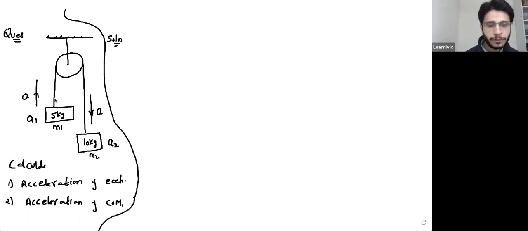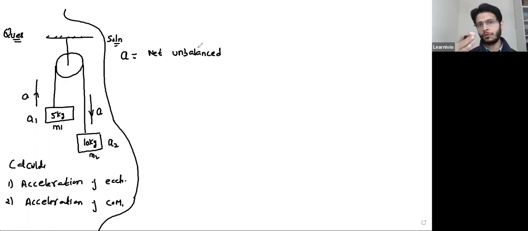For this type of question on pulley, the acceleration of both masses is equal. We did plenty of questions on this concept. We also do this pulley on an inclined plane.